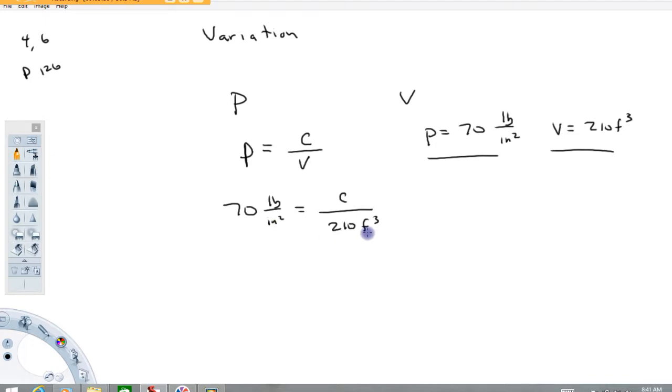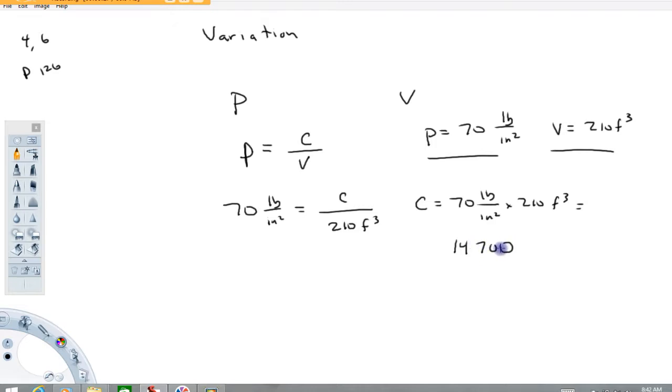I'm just going to pay very close attention to the units. So we would solve for C by multiplying both sides by 210 cubic feet. We're going to have 70 pounds per square inch times 210 cubic feet, and when we do that multiplication, I get 14,700.